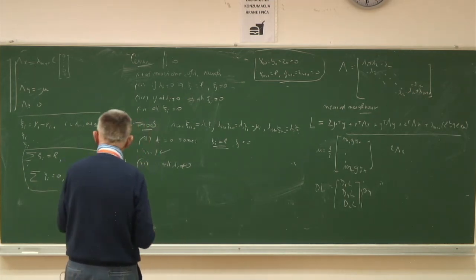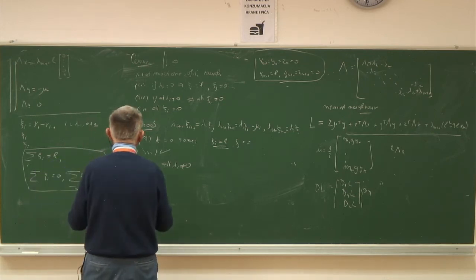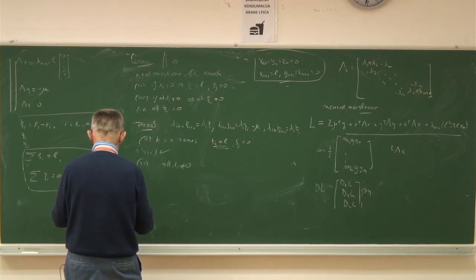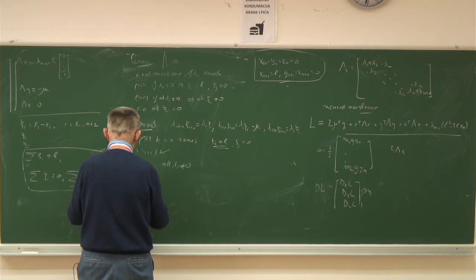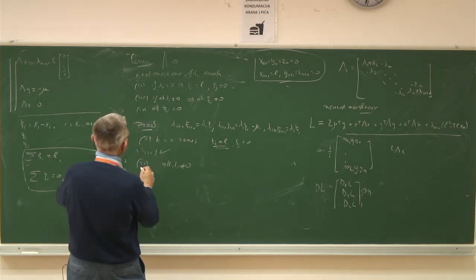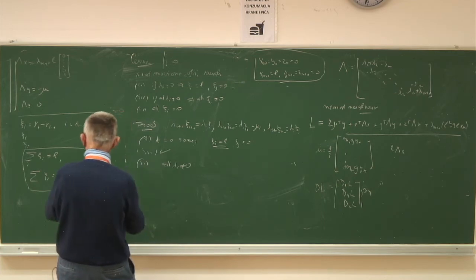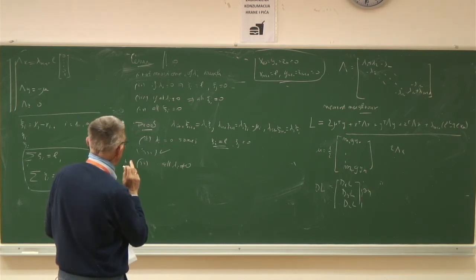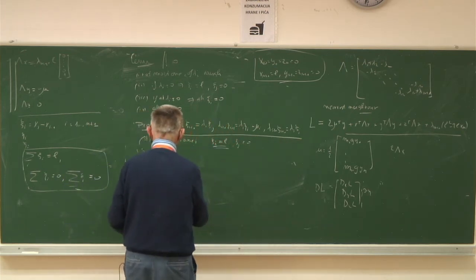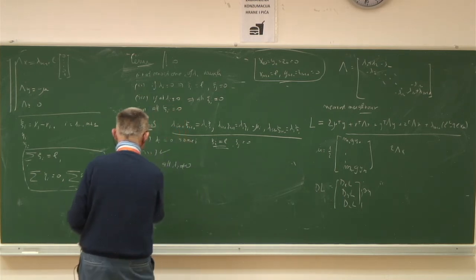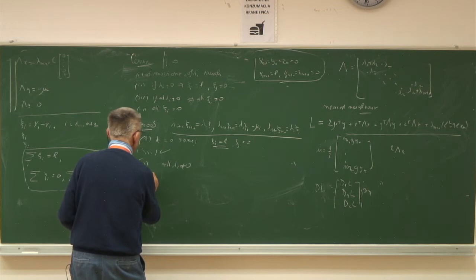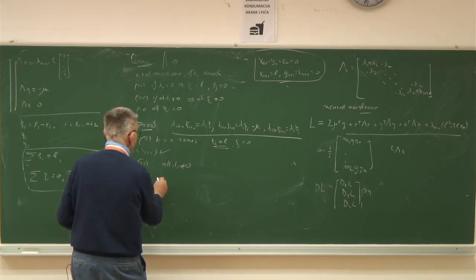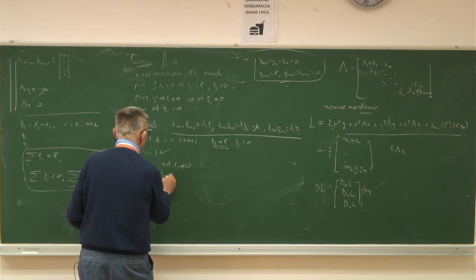Well, then we have from here xi_i is equal to lambda_{i+1} xi_{i+1} over lambda_i.